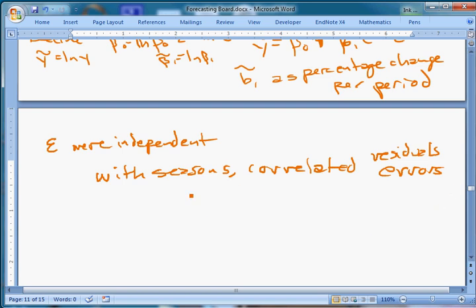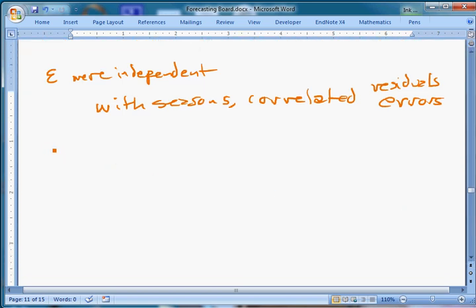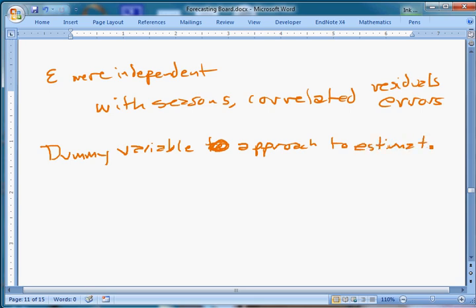Okay, so if we have a seasonal component, we can account for it in a couple different ways. And the way I'm going to talk about right now is a pretty straightforward way. It's called the dummy variable approach. So this is the dummy variable approach to estimating trend with seasons.